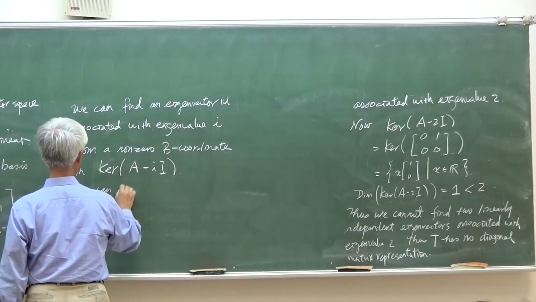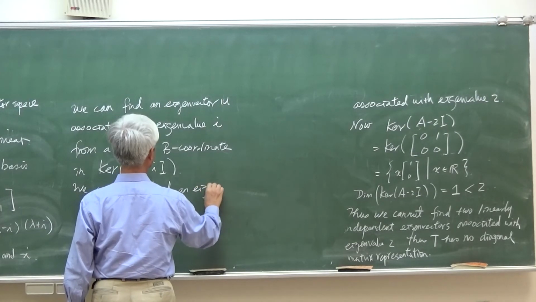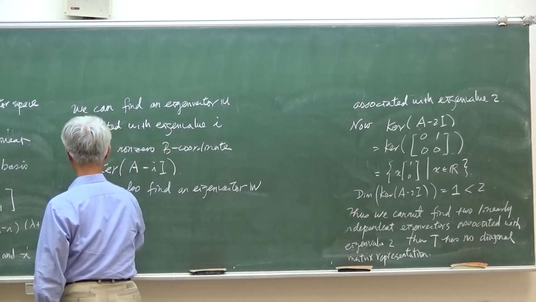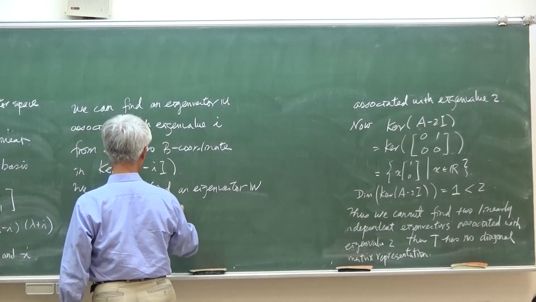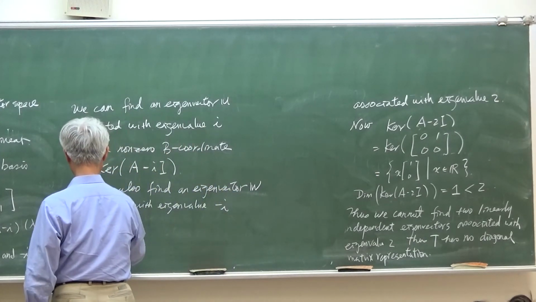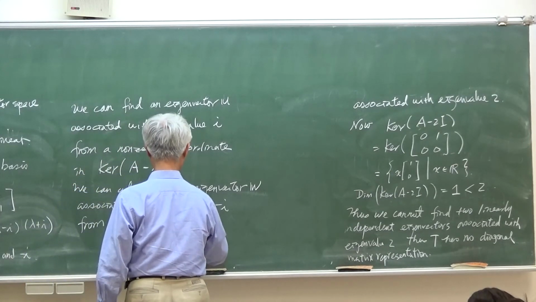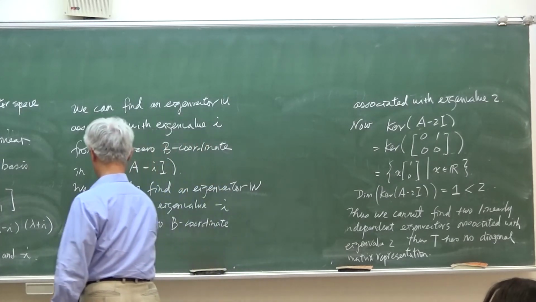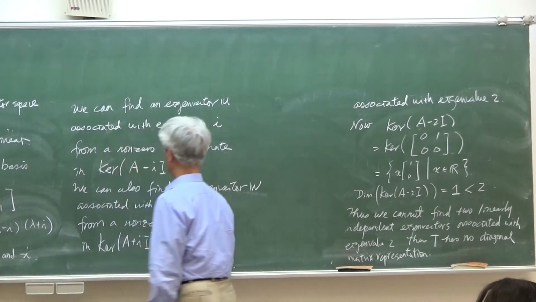We can also find an eigenvector W associated with eigenvalue minus i from a non-zero vector in the kernel of A plus iI.